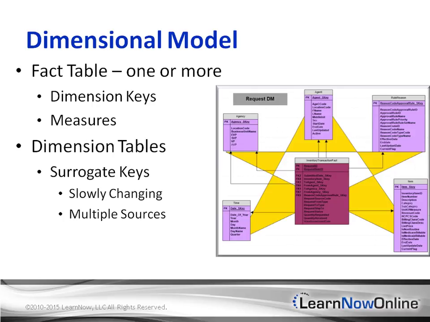Other reasons for having a surrogate key come when the data has to come from multiple sources. This is when, like, two companies merge and they both have a product dimension. There we need a surrogate key in order to relate from the different sources.